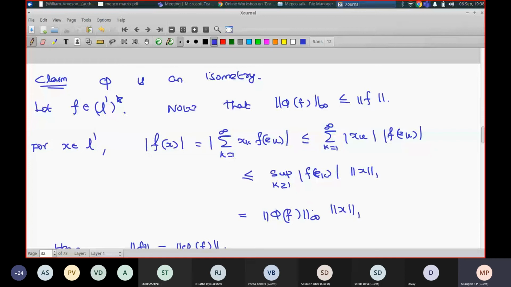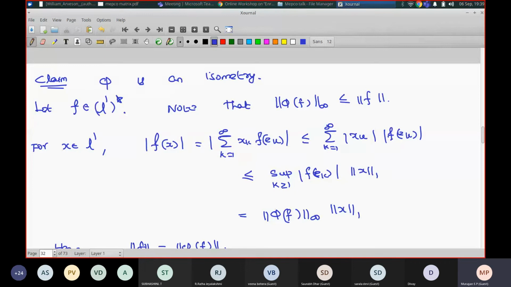Now prove that pi is an isometry. It is very easy. If you take any element f in the dual of L1, the infinity norm of pi f is less than or equal to norm f. So you need to prove the reverse inequality. For that, for x belonging to L1, f(x) equals the sum of x_k f(e_k). Then you can bring the modulus inside the summation.